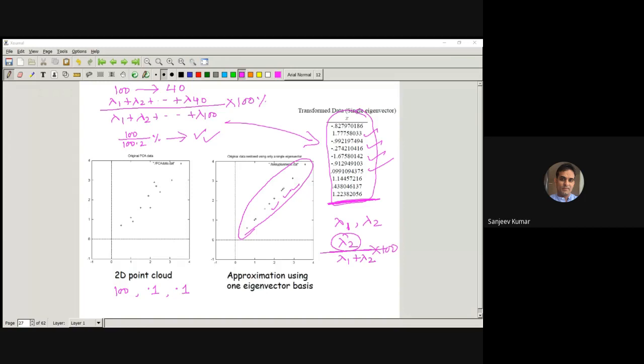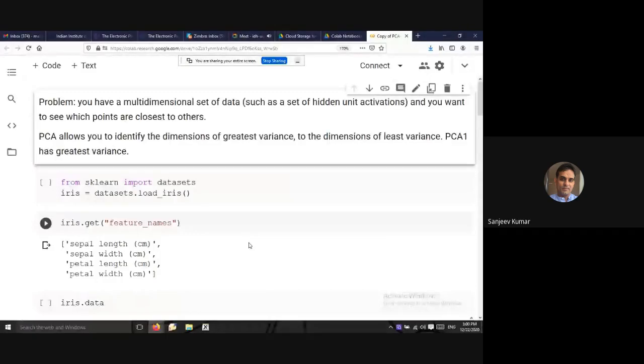Let me share that particular screen, and let me stop it here and share the other one. So can you see now one Python Colab notebook? Yes, sir. Your screen is visible.